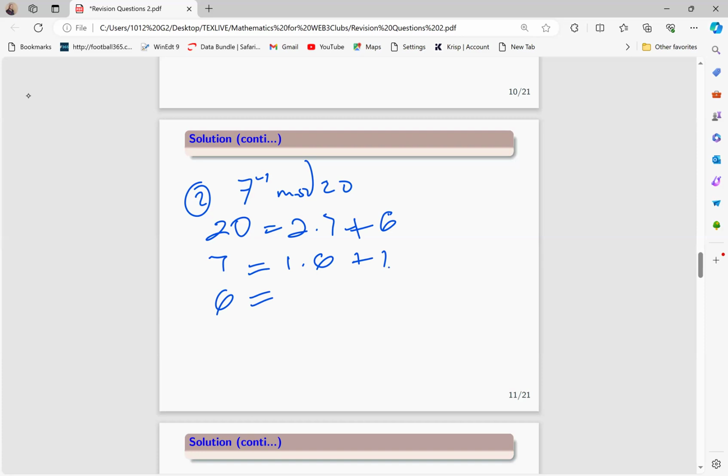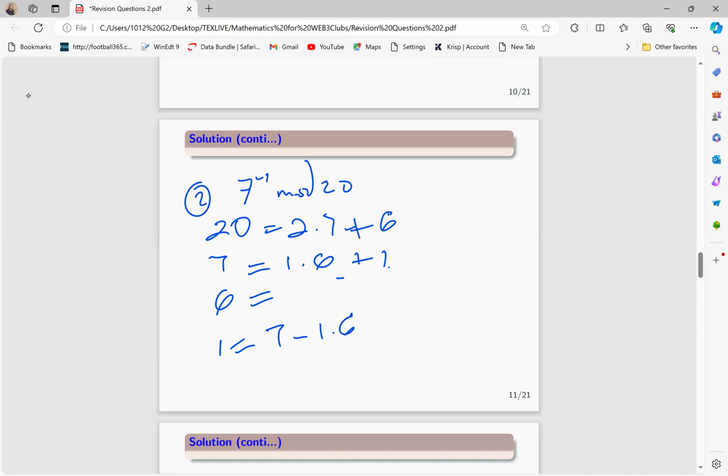The Euclidean algorithm has already found that 1 is the GCD, so we can just use this and reverse it. So make 1 the subject: 1 equals 7 minus 1 times 6.